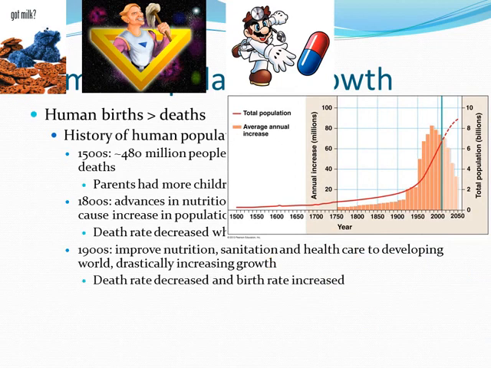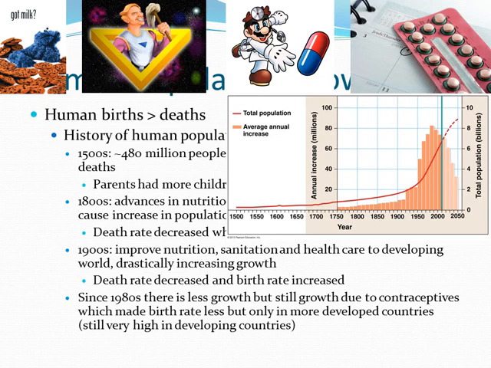Okay, so the death rate is decreased, like we talked about, due to improvements in nutrition, sanitation, and healthcare. But not only that, there's an increase in the birth rate as well now, and hence this explosion of population growth. Since the 1980s, there is somewhat lesser growth, as you can see in this graph here; this average annual increase has decreased somewhat.